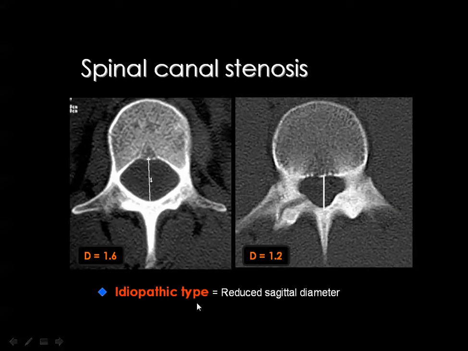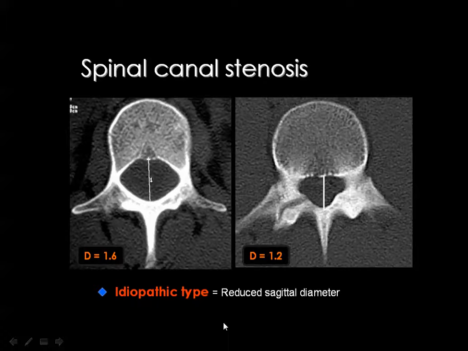And you remember from the anatomy that we used to measure the sagittal diameter of the lumbar spinal canal at the level of the pedicle, where the canal is totally closed or there are no side openings, and this should be done in the bone window images, since the spinal canal is a bony structure.